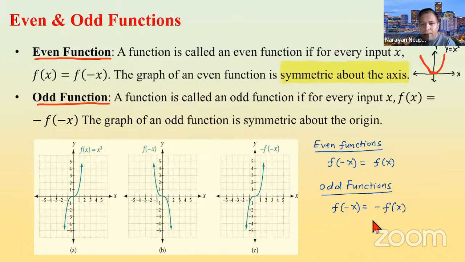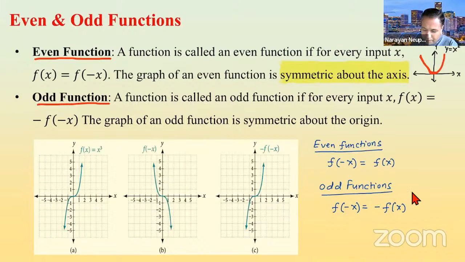So if f of negative x is equal to f of x, it is called an even function whose graph will be like this. But for the odd function, if you plug in negative x, it will be opposite of the original function. Negative f of x means opposite of the original function. If it will be opposite of the original function, it is called odd function.